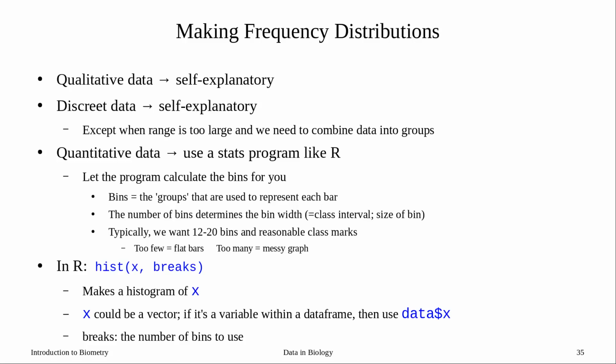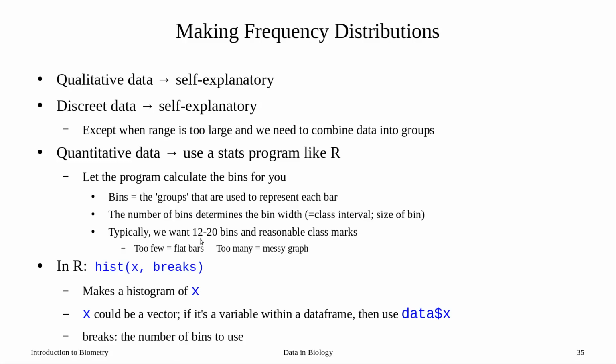The number of bins that we have in our graph determines the width or the class interval. So it's basically the size. Is our bin going to be 1 to 2, or is it going to be 1 to 1.5, and then 1.5 to 2, and so forth? Normally, when we make these histograms, we want 12 to 20 bins, so 12 to 20 bars.